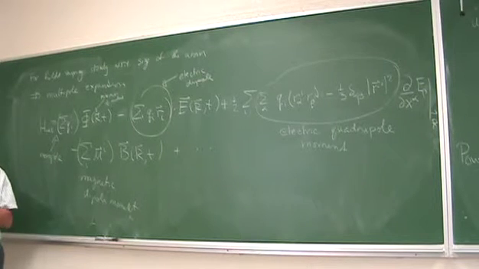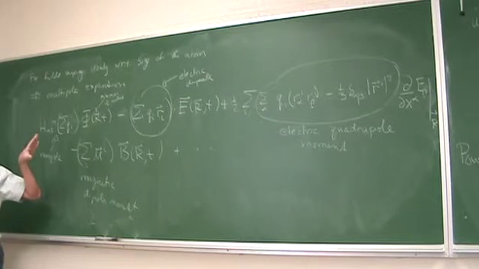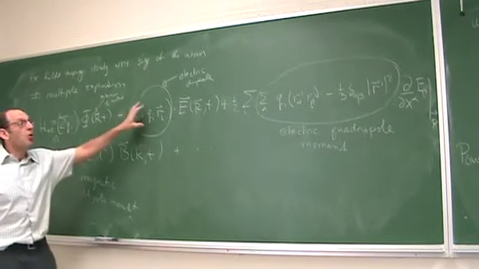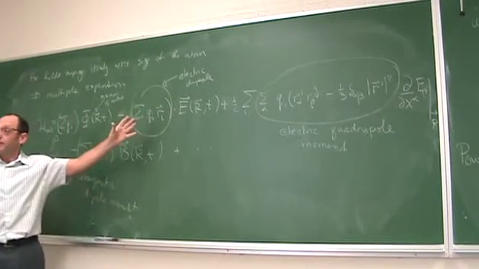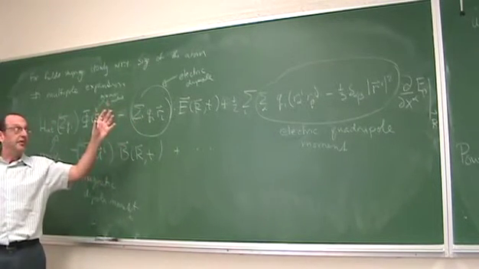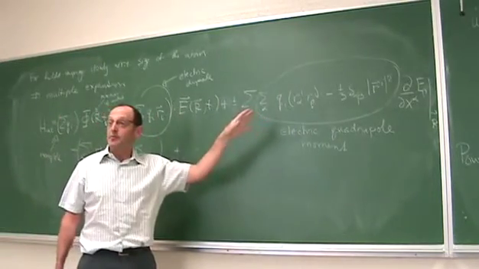Okay. So just to conclude, let me just say the point of this, as we see, is that the different moments of the distribution interact with the fields. And the strength of the interaction will depend on the strength of these different terms.